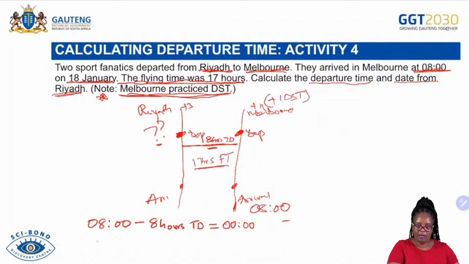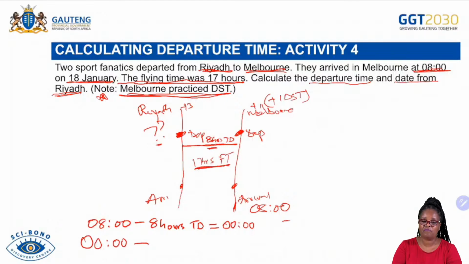There we are. We say 0000 hours minus flying time. Remember I said that you always minus flying time when you are doing departure time. So it will be how many hours? It's 17 hours. 17 hours flying time.